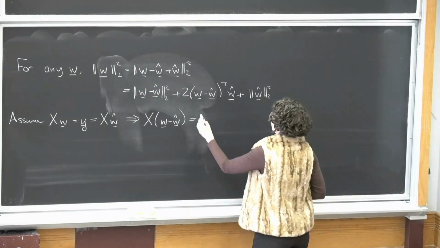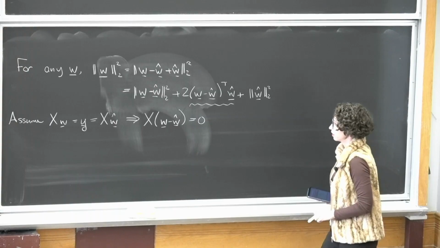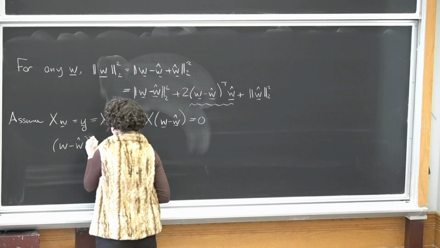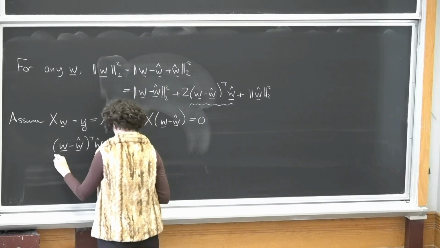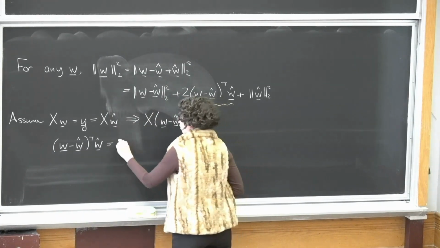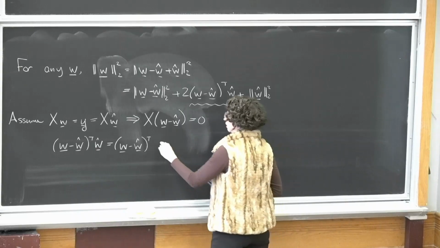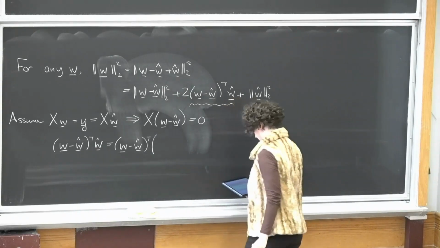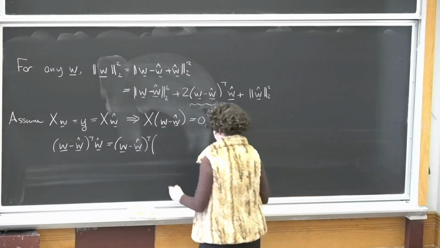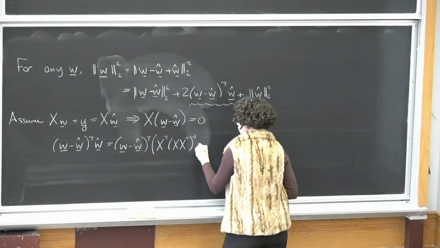And so if I think about the middle term inside my expression above, w minus w hat transpose w hat, I can write that as w minus w hat transpose, and now I'm going to plug in my expression for w hat, which in this context we use the version written in terms of x: x transpose, xx transpose inverse times y.